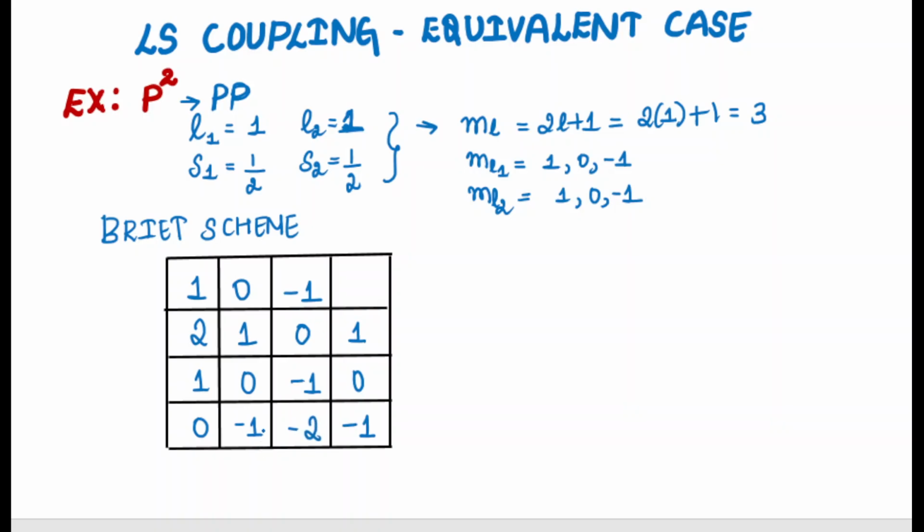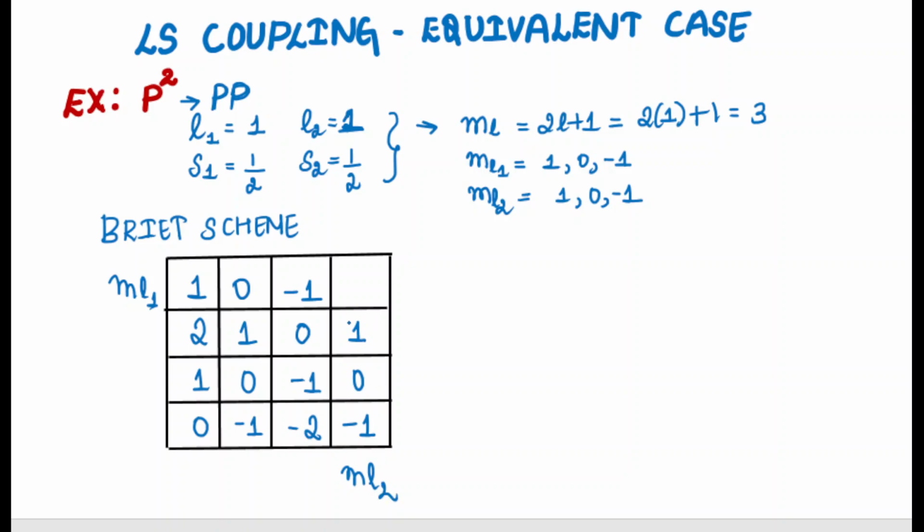Okay, right? And these are the values of ml1, and these are the values of ml2, right? These are the values of ml2, and these are the values of ml1. I hope everyone is clear with this diagram. What I have written is the values of ml1 as the first row, and the last column values as ml2.